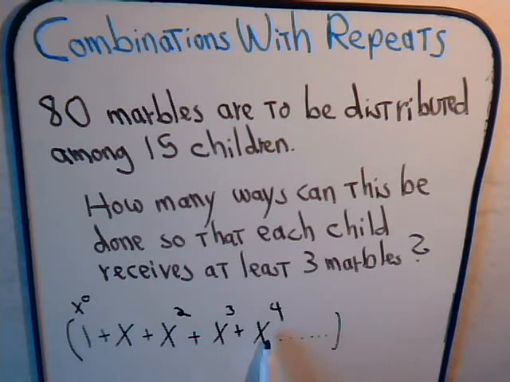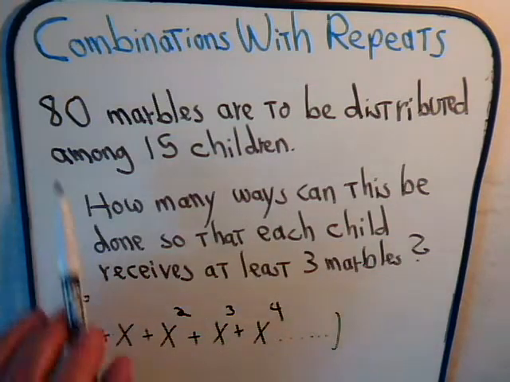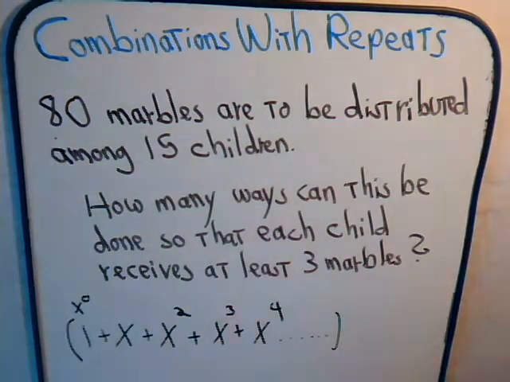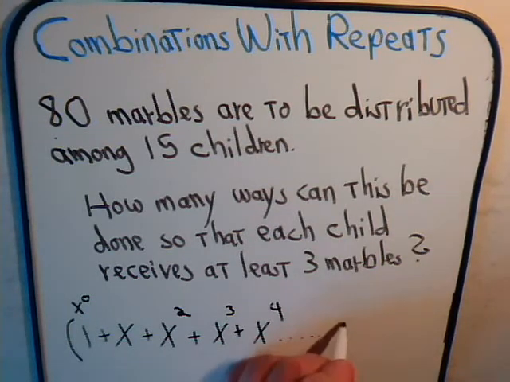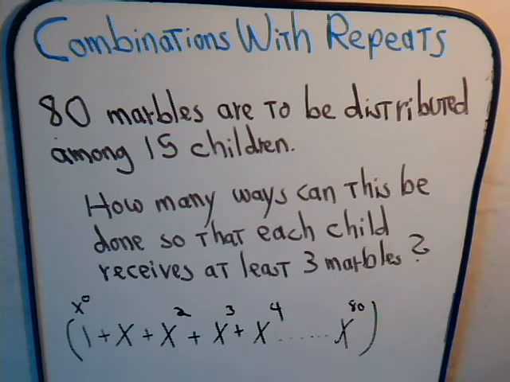Now here you might think, wait a minute, why should this go out to infinity when the most marbles that any child could receive would be 80? It seems like this should stop at x to the 80. And this is a point of confusion sometimes. No, that's not true.